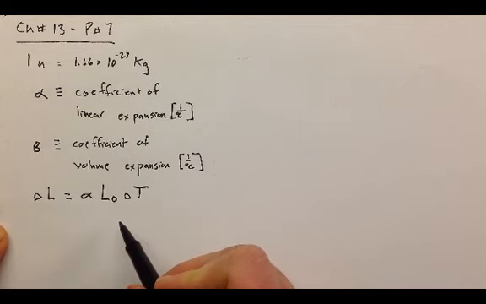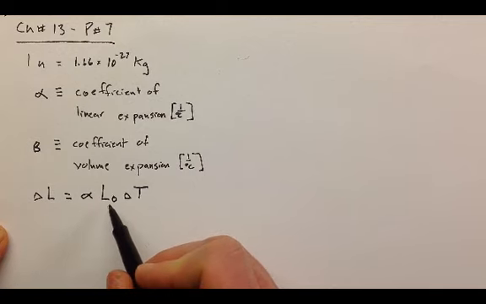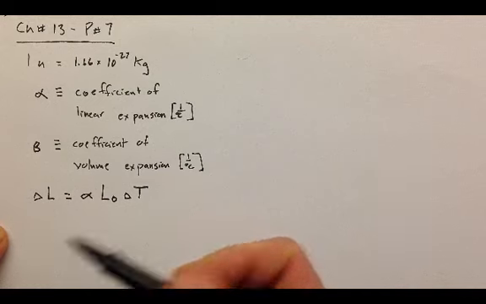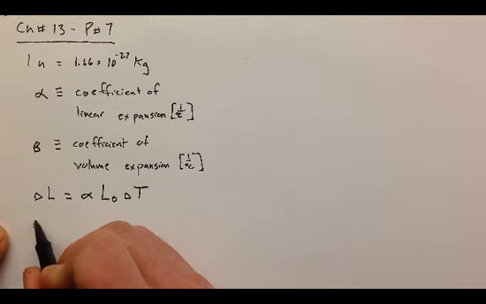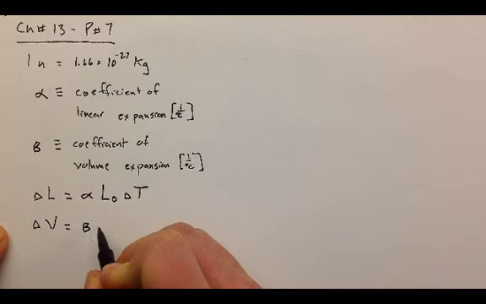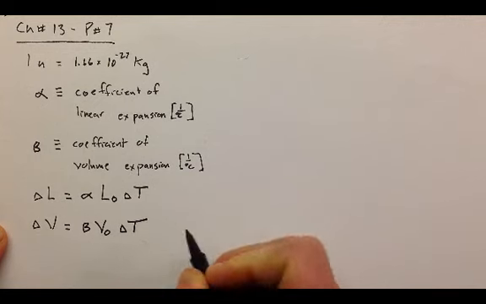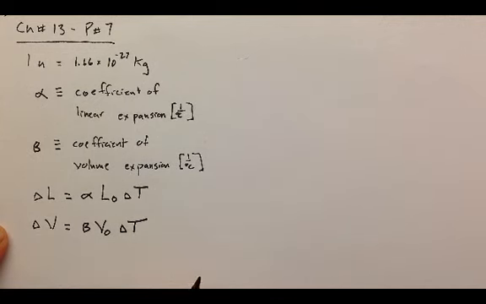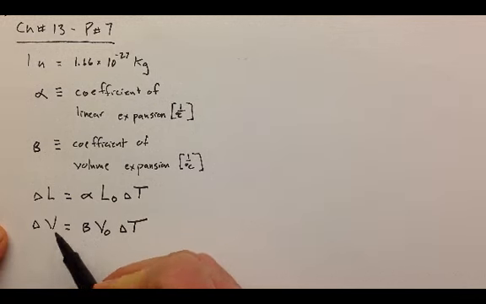If I wanted to know what the new length of an object is after heating it up, I would have to do L naught plus delta L to get the overall length. Likewise, the change in volume of a substance is equal to beta times the initial volume times the change in temperature of the object. So alphas and betas can be quite different.